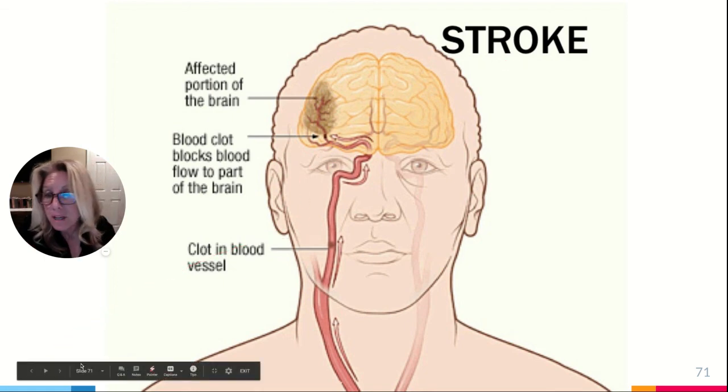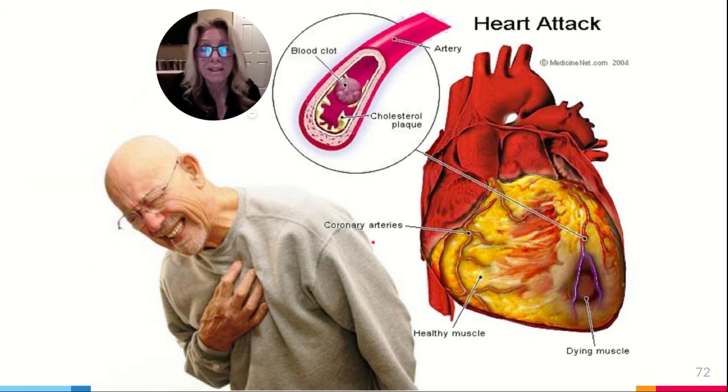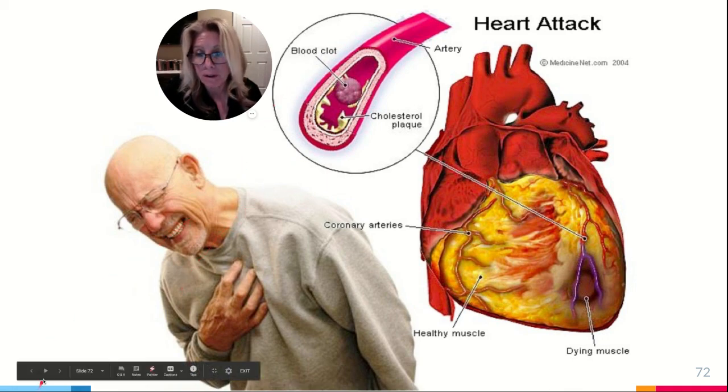Now, a heart attack is basically a muscle cramp in your heart. If a portion of your coronary circuit gets blocked, this is very painful here in the heart, and as a result, this heart muscle dies. So a heart attack is a blood clot in a coronary artery.